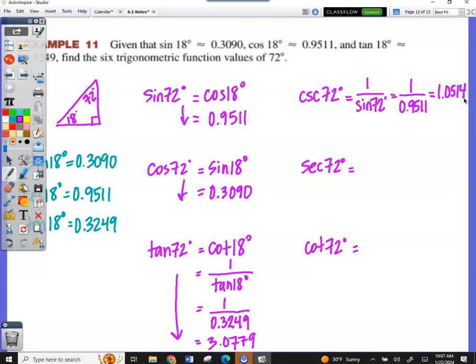Secant 72. I could rewrite that how? 1 over cosine 72, right? And do I know cosine 72? Yeah, I just found it earlier.